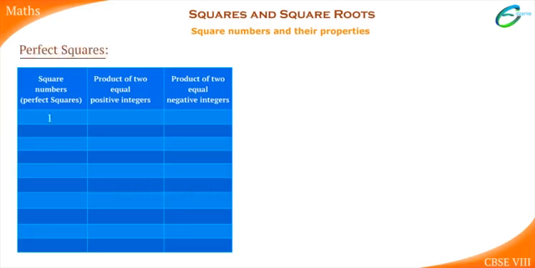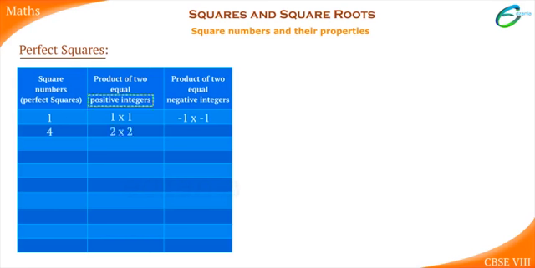1 can be written as a product of 2 equal positive integers, 1 into 1. Can 1 be written as the product of 2 equal negative integers, that is minus 1 into minus 1? 4 can be written as the product of 2 equal positive integers, that is 2 into 2.